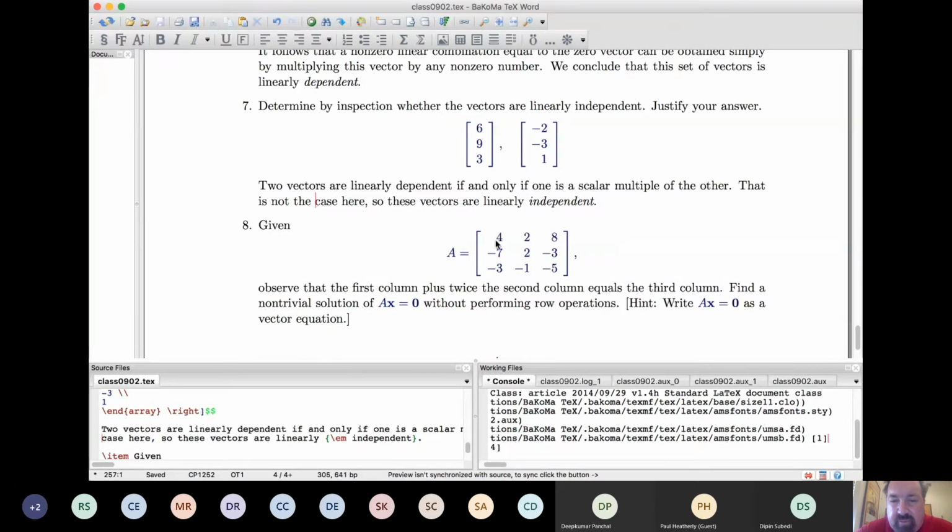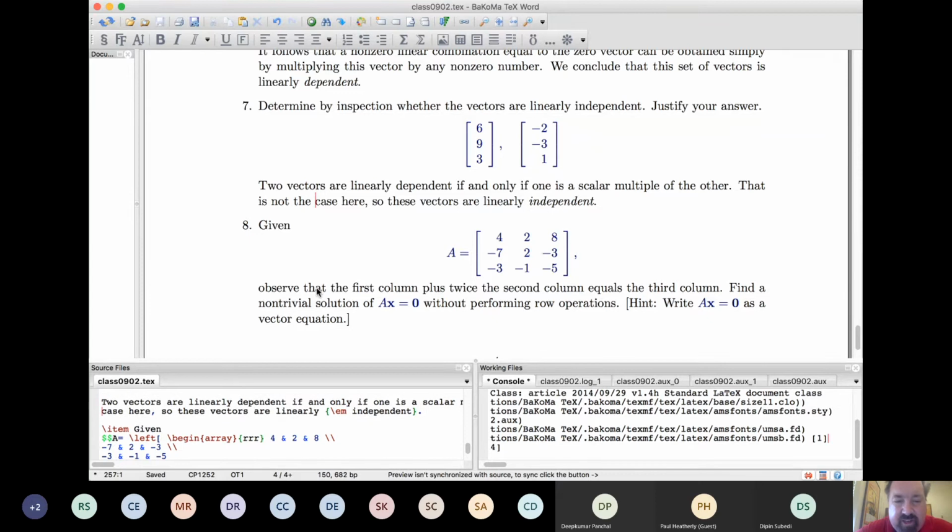So I have 4 plus 2 times 2 equals 8, and then here I have -7 plus 2 times 2 gives me -3, and then -3 plus twice this would give me -5. So in general, third column equals first column plus 2 times the second column.